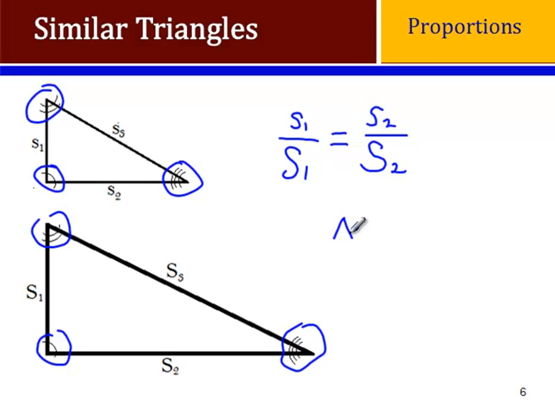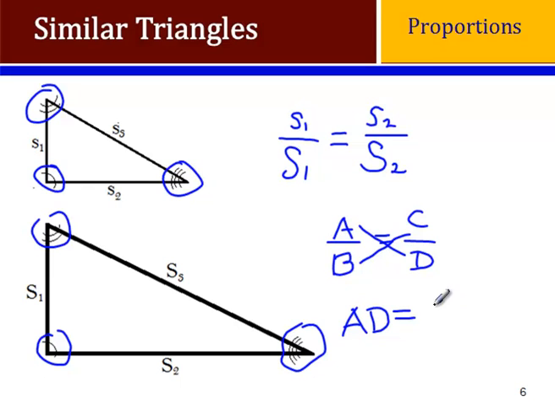Now, as a quick reminder, if you have a proportion, A over B equals C over D, the products of the opposite top and bottom have to be equivalent. So in other words, A times D has to have the same value as B times C. So we will cross multiply in order to solve, and then depending on which one of these sides we're looking for, we can divide both sides by that value.